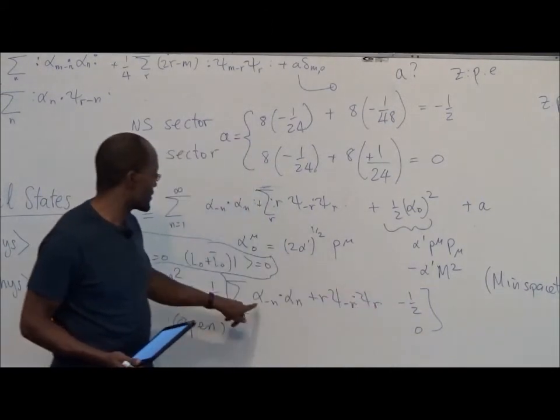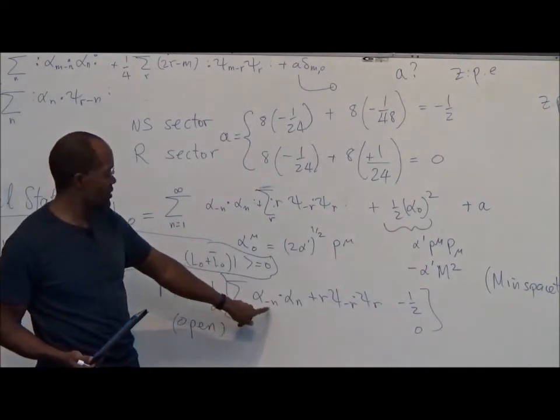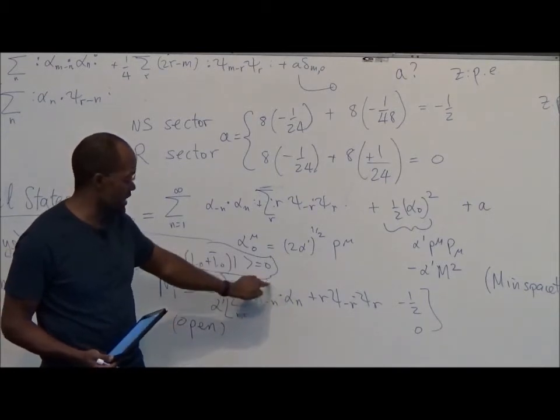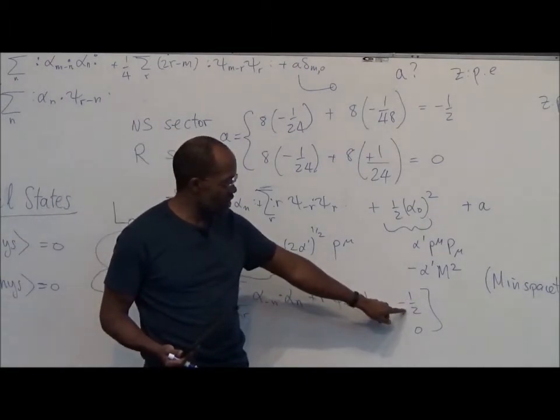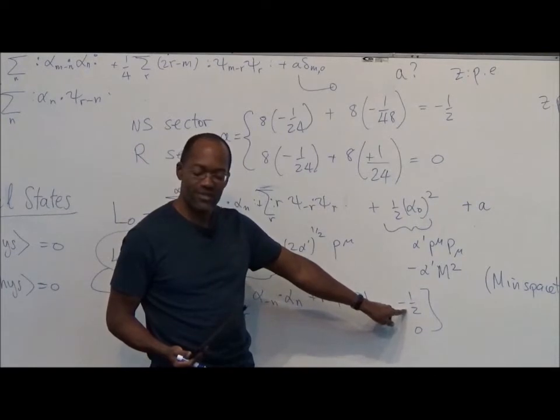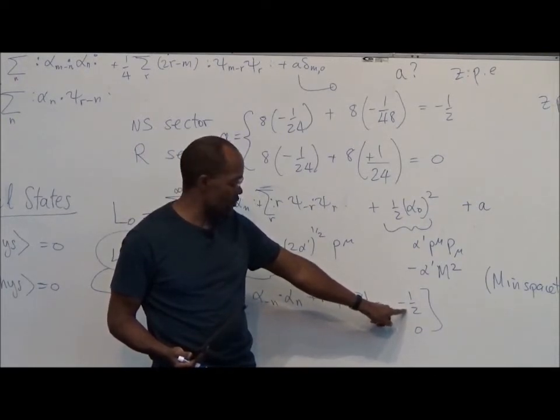It can't be something exciting with an integer moding, for example acting with the alphas, because that would just give me an integer when I count, and that would not give me the next most massive thing, which will turn out to be mass equals 0.